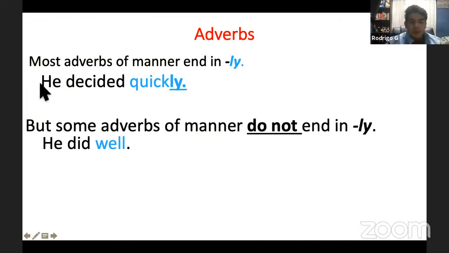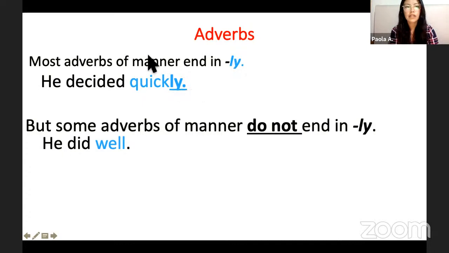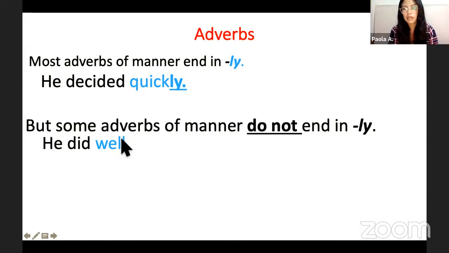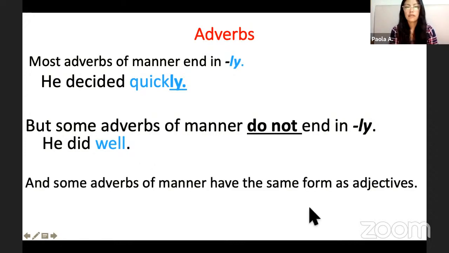He decided quickly. Yes. So we have the ending, right? Quickly. But some adverbs of manner do not end in -ly. Could you read this one too, Rodrigo? He did well. Excellent. So we don't add the ending here.